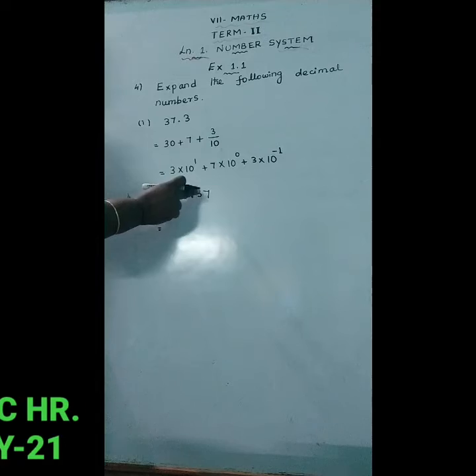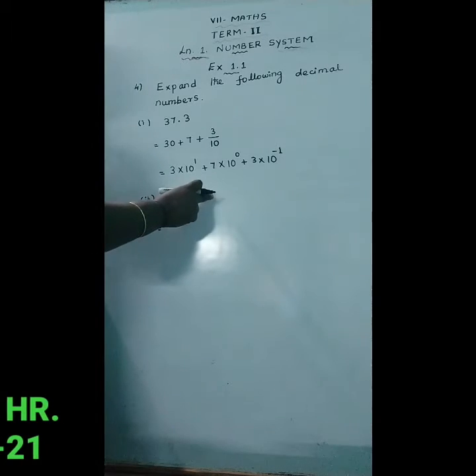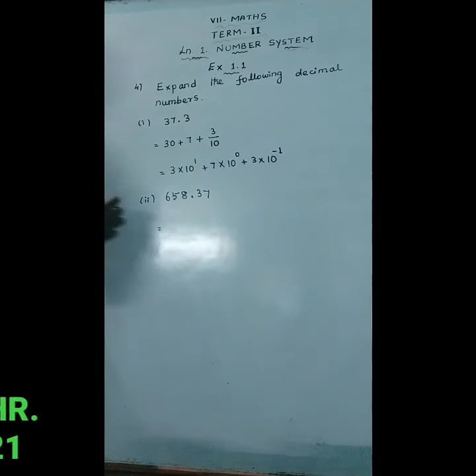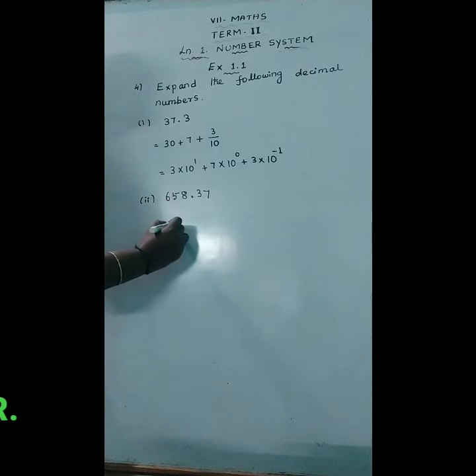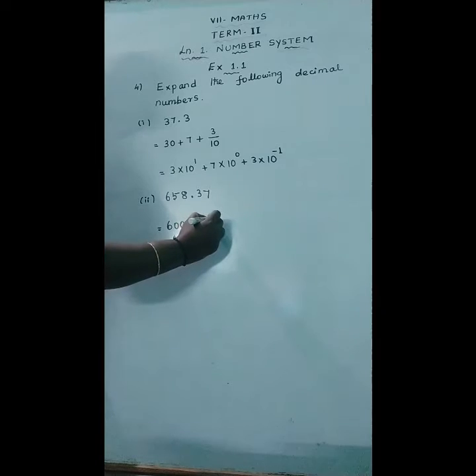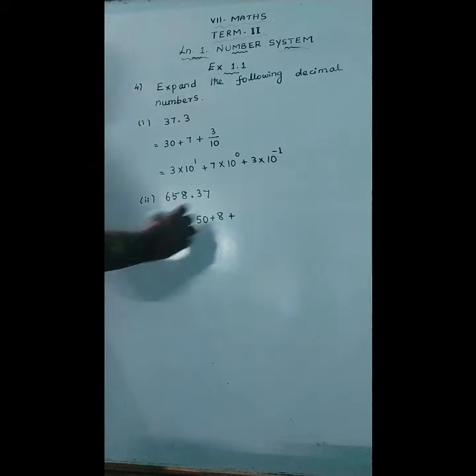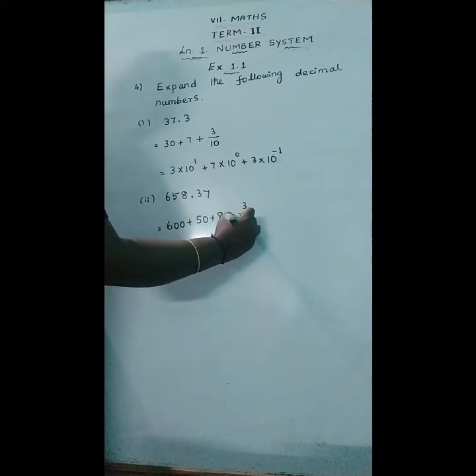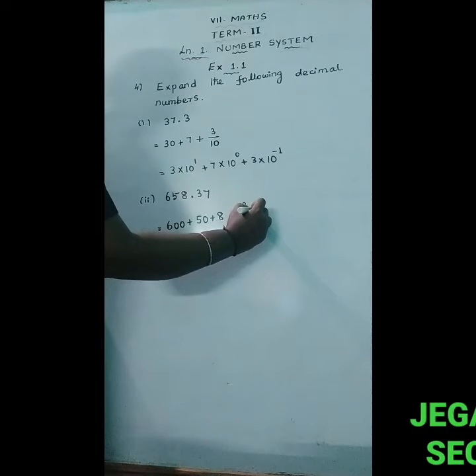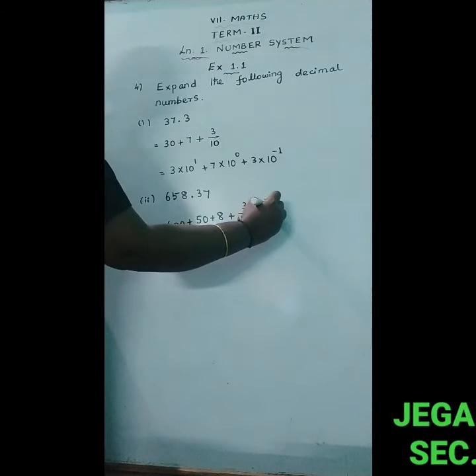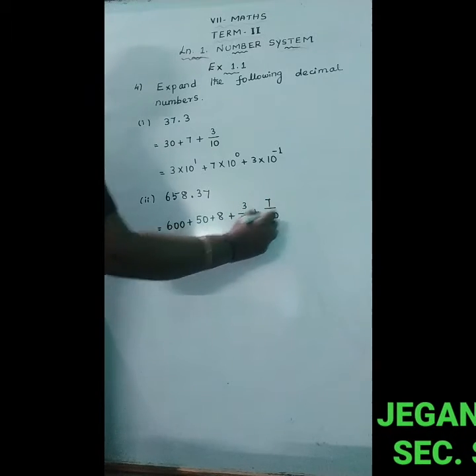After the decimal point: tenths, hundredths. This is the 100 place, so 600 plus 50 plus 8. After the decimal point, we write 3 divided by 10, the tenths place, plus 7 divided by 100.